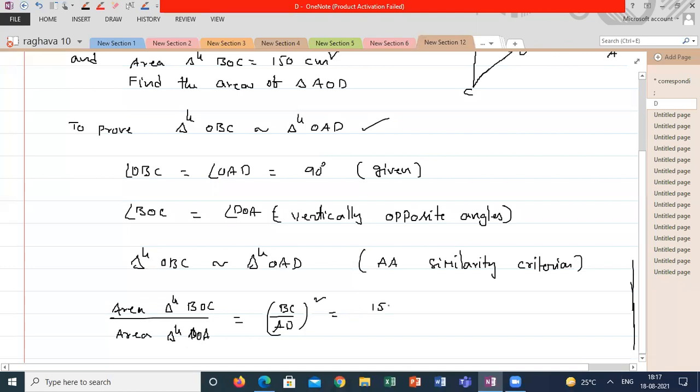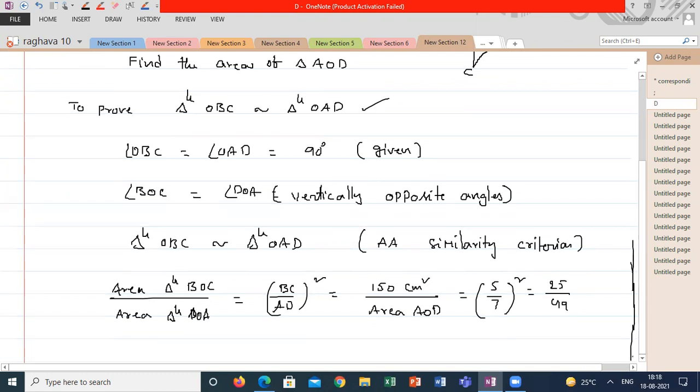So this will be 150 centimeter square divided by area of triangle DOA or AOD equals BC is 5 and AD is 7 square. This is 25 by 49.